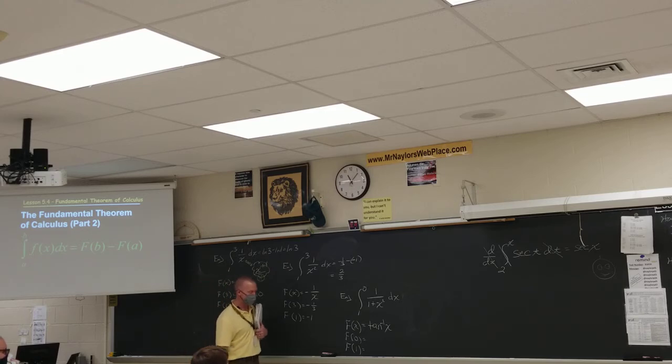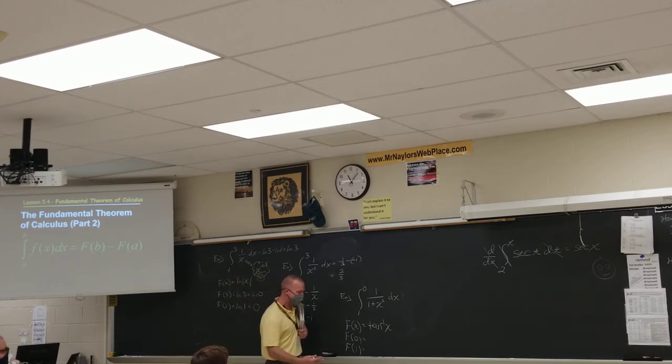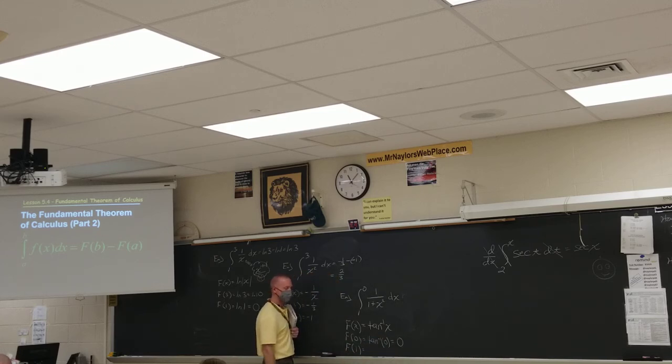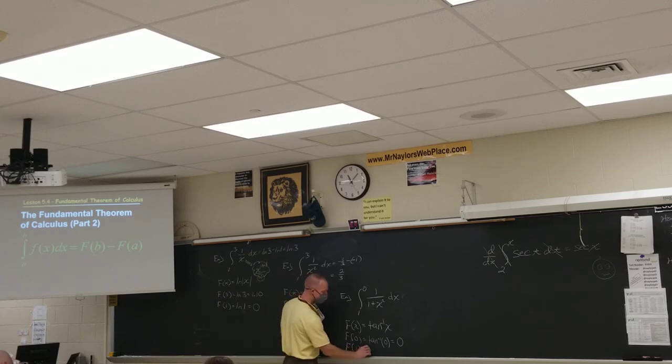If you would be doing this problem on your own, I hope you would be aware that f of 0 is actually the f of b. It kind of seems like it's backwards. Yeah, it is kind of backwards, which is why our answer is going to come out to be the opposite. I might be giving away a little bit of the secret here, but if you plug in 0, you actually get 0.